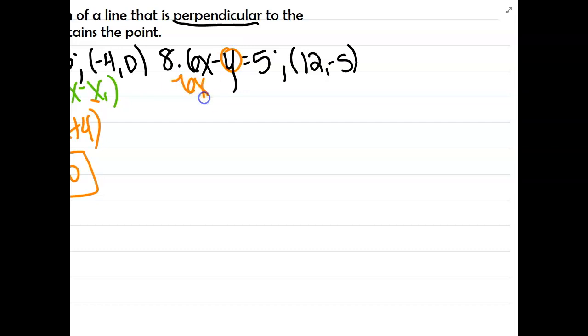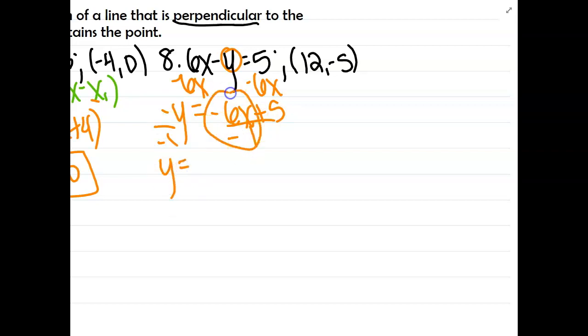So we're going to move the x over, minus 6x. Now I still have negative y equals, and over here, remember guys, you keep the sign that's in front of the term. So this is a negative 6x plus 5, and then divide by negative 1, and we get y equals, and do the butterfly method. So negative 6 over a negative 1 would be a positive 6x. 5 over negative 1 would give me negative 5.